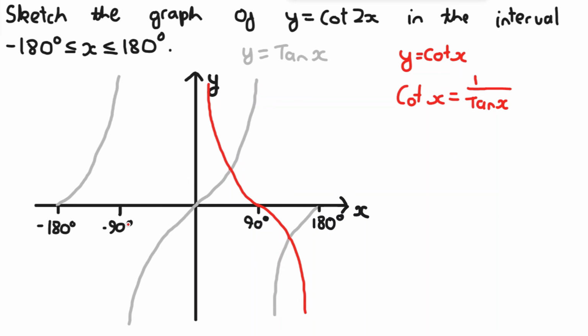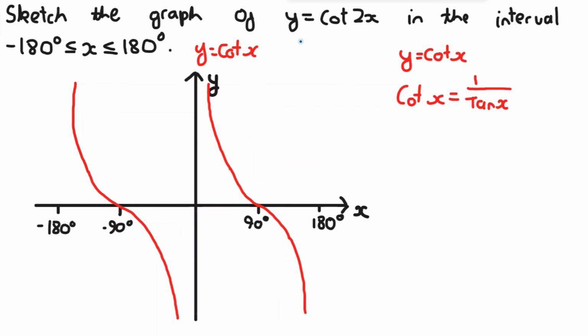And then on this side, it's going to come down like this here, and keep coming down, and then it's going to come up like this here, and then up like this. And then this is the graph of y is equal to cot x.